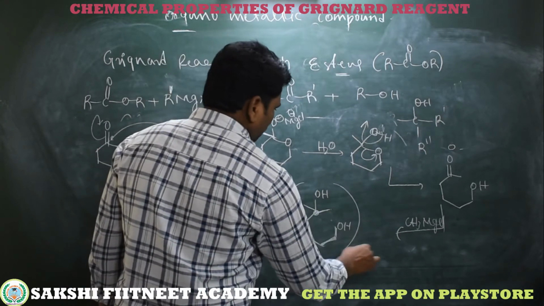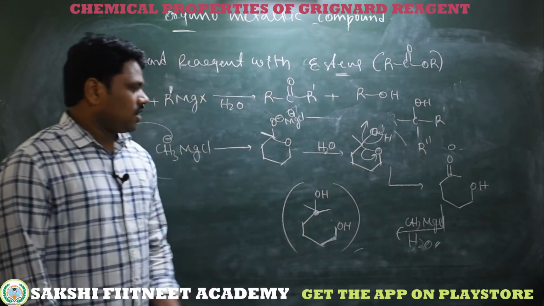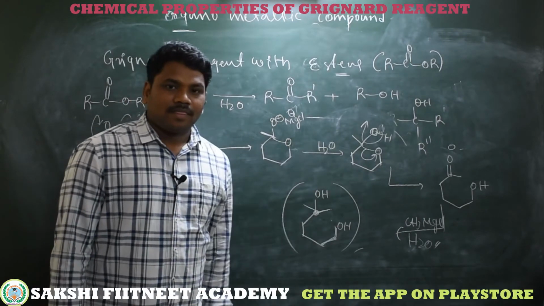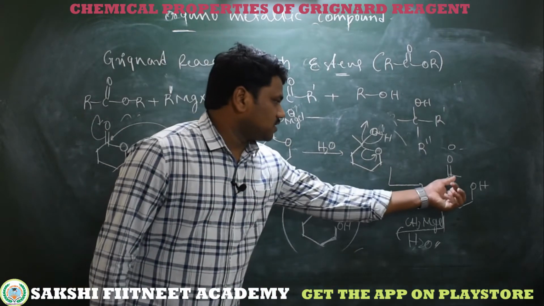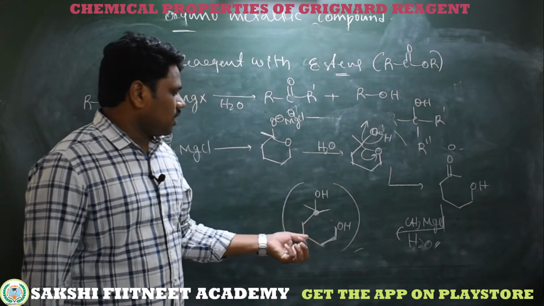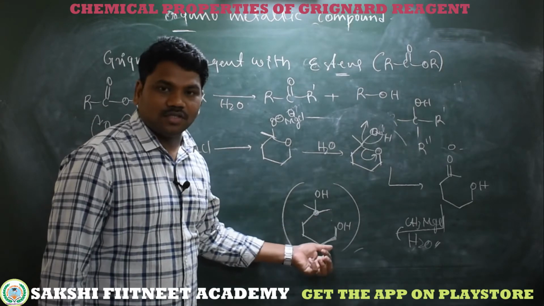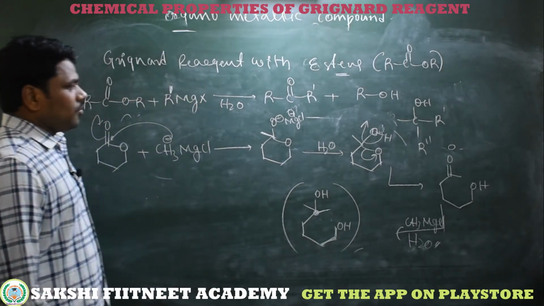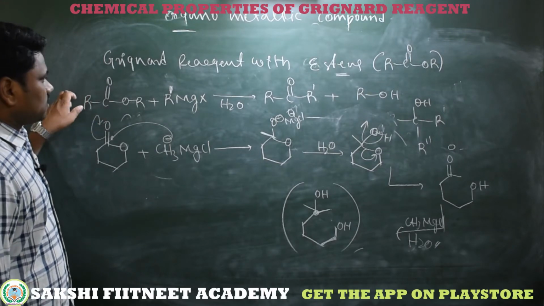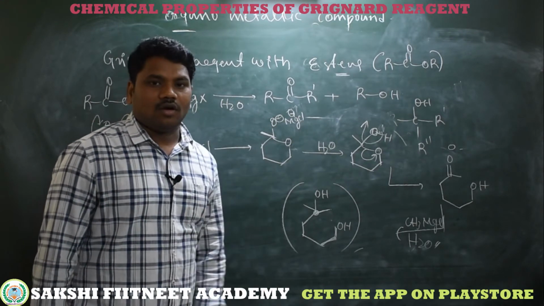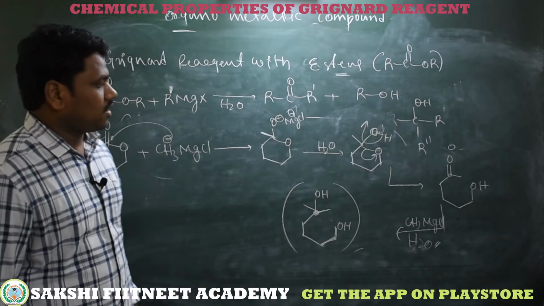I directly take this product, since we already discussed ketones in a recent example. So I am taking a direct step from this ketone to tertiary alcohol. Here is the tertiary alcohol and the other alcohol as a byproduct. So hope you understand well: Grignard reagent with ester gives a ketone, then a tertiary alcohol and a corresponding alcohol in the first step.